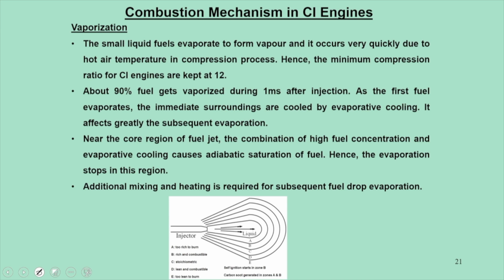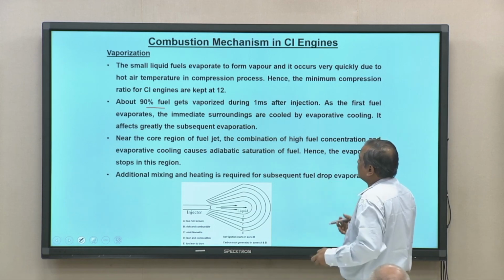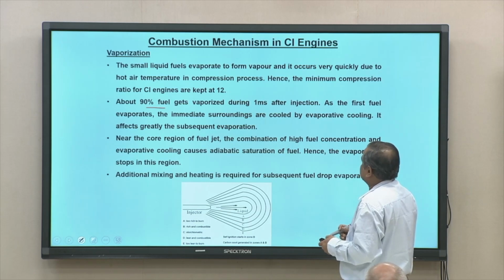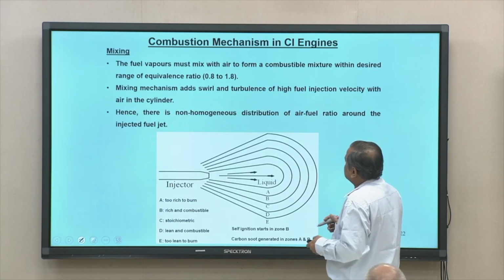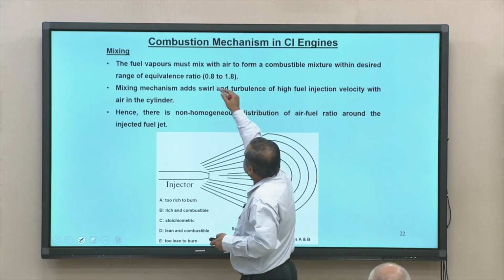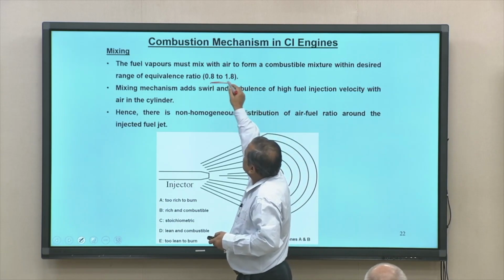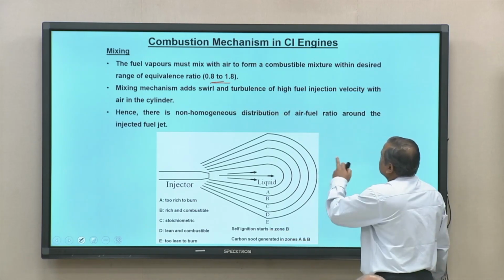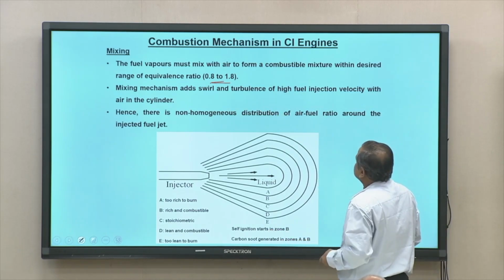Here, when you talk about the vaporization zone, because of its equivalence ratio conditions, 90% of the fuel gets vaporized. And in the mixing zone, the fuel mixing takes place. This is the comfort zone of the engine where we talk about equivalence ratio for mixing.